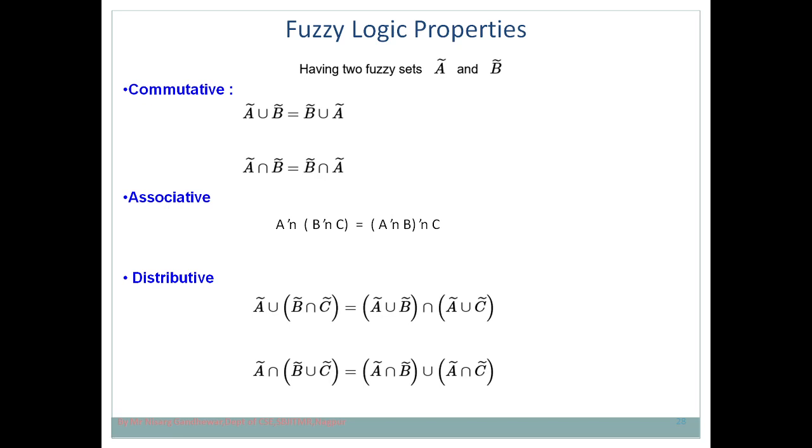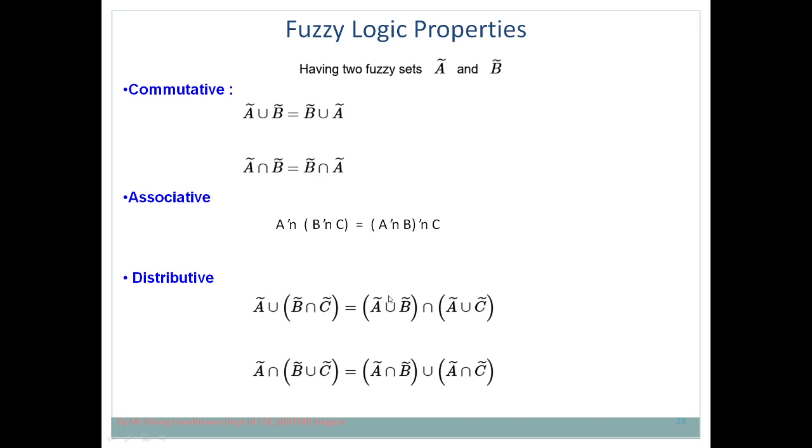Now the next is the distributive property of a fuzzy logic. According to the distributive property, fuzzy set A union, in bracket, fuzzy set B intersection C. So here B intersection C is given in the bracket. So what we do, fuzzy set A is combined with B and fuzzy set A is combined with C also.